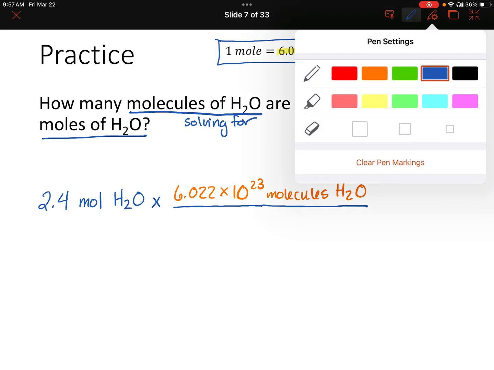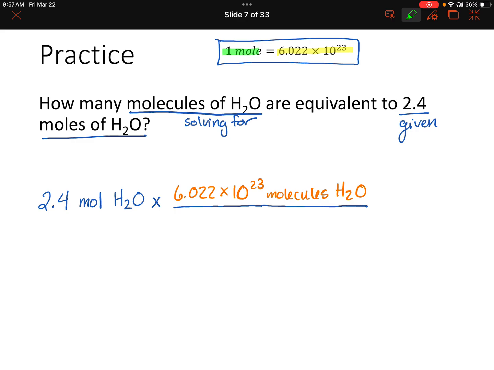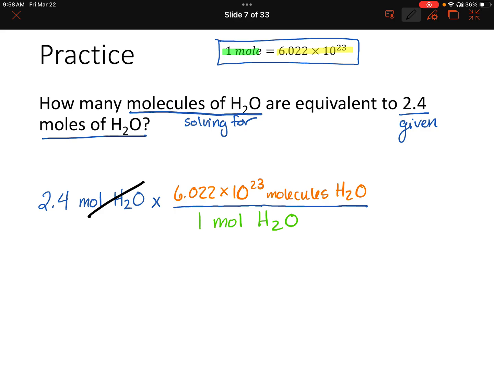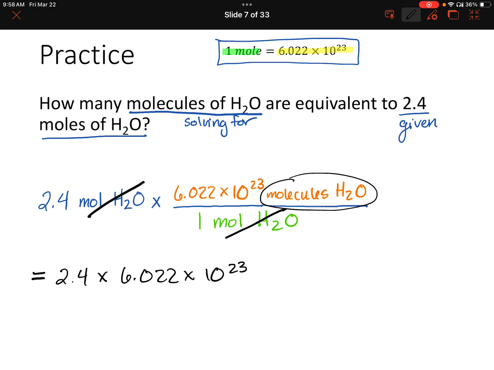And then we'll cancel moles. So we'll put that in the denominator. So 1 mole of H2O. All right, so moles of H2O will cancel in the numerator and the denominator. And then if we simplify what's left in terms of the numbers, we have 2.4 times 6.022 times 10 to the 23rd. And we get our desired unit, which is molecules of H2O.